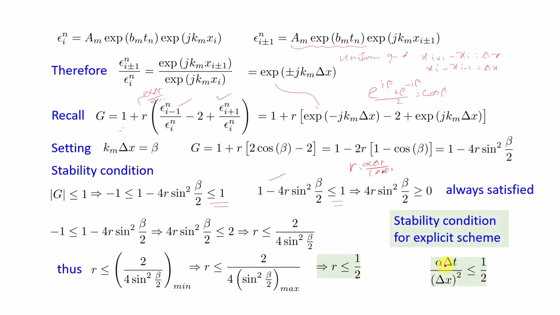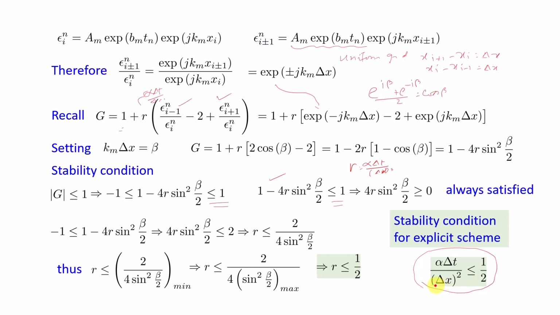And we know that r is alpha delta t by delta x square, which tells us that the stability condition for the explicit scheme is that alpha delta t divided by delta x square should be kept less than 1 by 2.